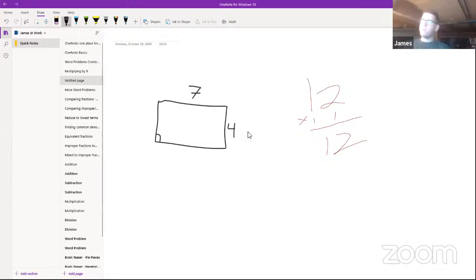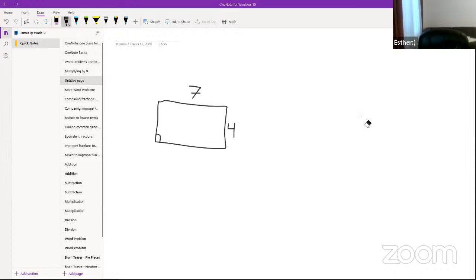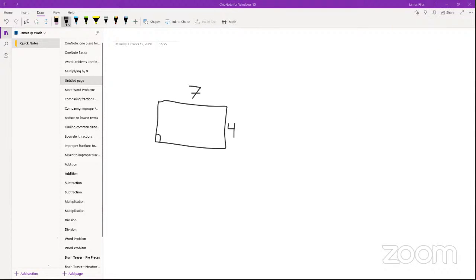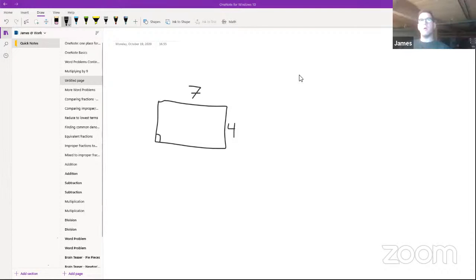Okay, so this rectangle has 2 sides that are 4 and 2 sides that are 7. So what would the perimeter be? Well, I'll walk through it.